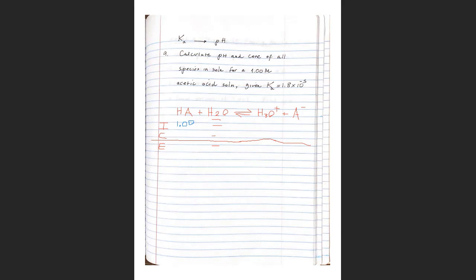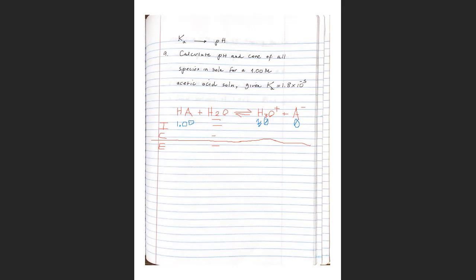Technically, because of autoionization, there is a little bit of product, but we will assume approximately 0 for the hydronium, and also 0 here for the conjugate base, for now.